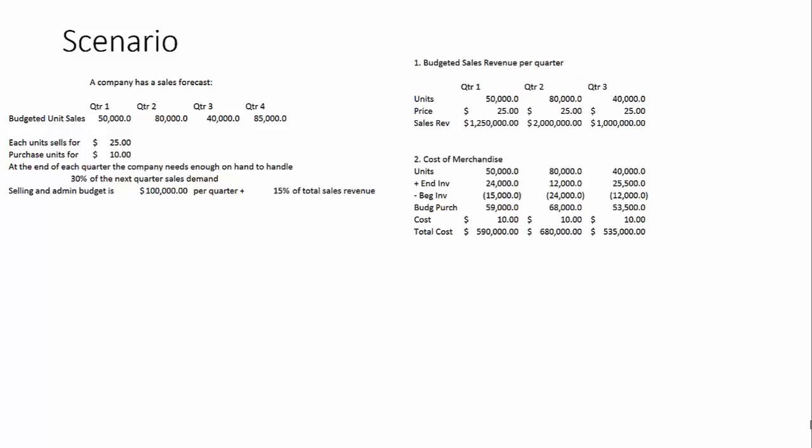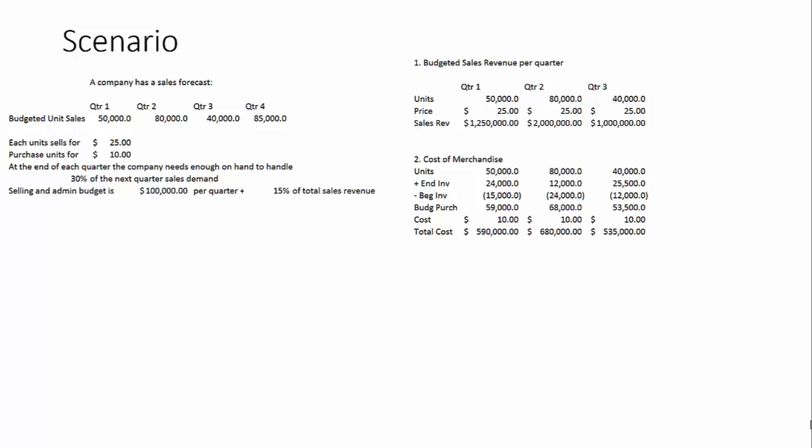So in part 2, we need to do a cost of merchandise. This is where we start looking at the units that we need to purchase and pricing that out by the cost it takes to purchase those units. For example, in quarter 1, we have units of 50,000. We need an ending inventory that will represent 30% of the next quarter sales.